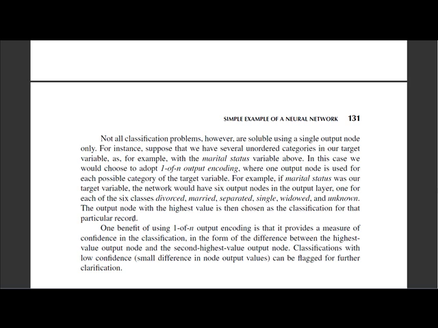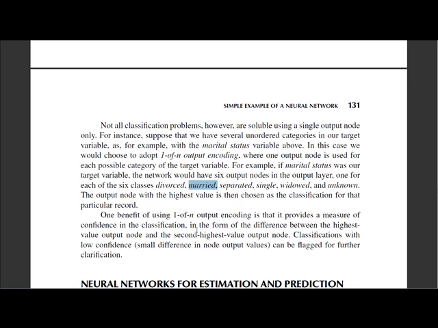The output node with the highest value is then chosen as the classification for that particular record. So each of these is going to be an output node, and each is going to get some value assigned to it by the model once you have an input. But then you choose the one that has the highest value as the actual prediction.